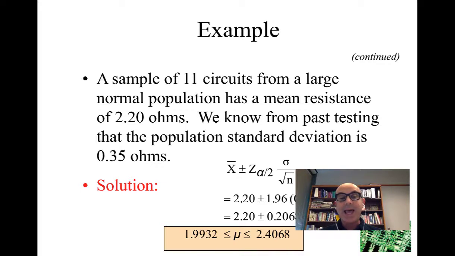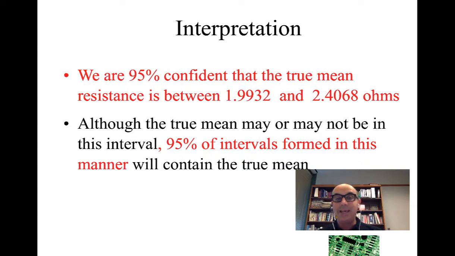So we take that as a starting point, and we multiply it by the standard deviation divided by the square root of 11, and that's where we come up with that. So we are 95% confident that the true mean resistance is between 1.9 and 2.4, although the true mean may or may not be in this interval.